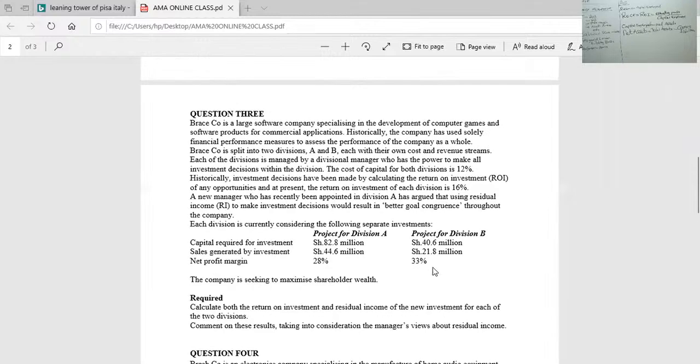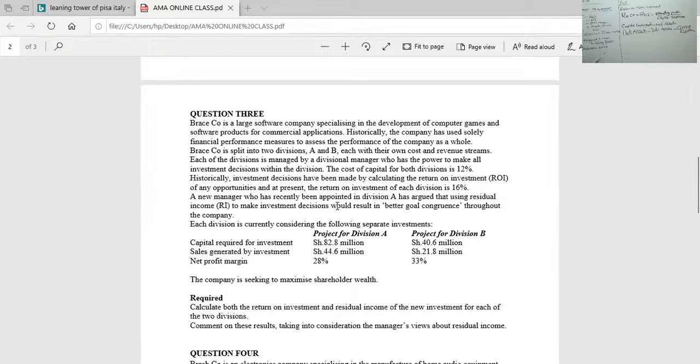Brace Company is a large software company specializing in the development of computer games and software products for commercial applications. Historically, the company has used solely financial performance measures to assess the performance of the company as a whole.